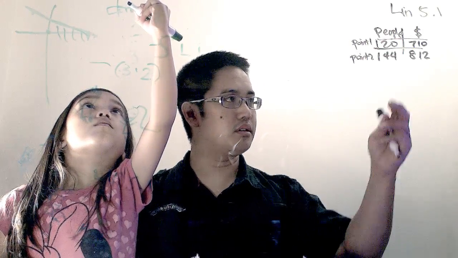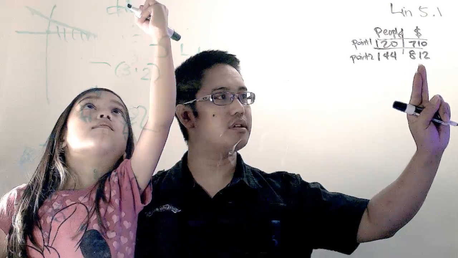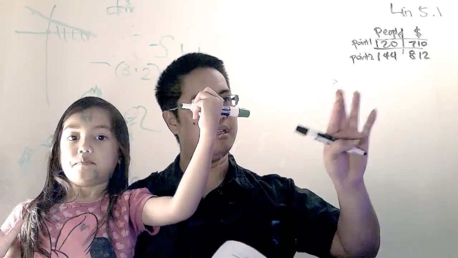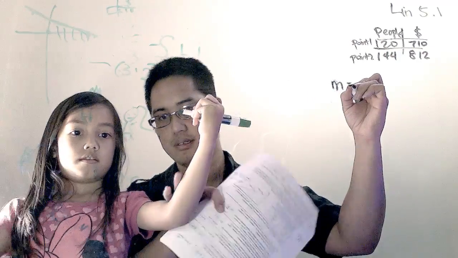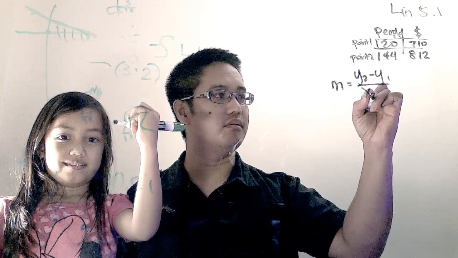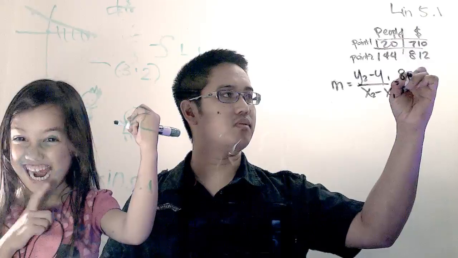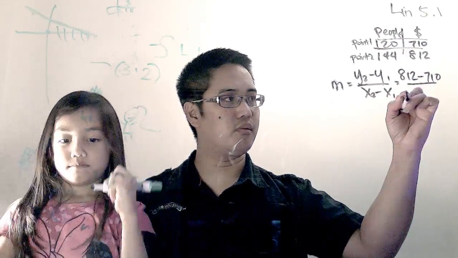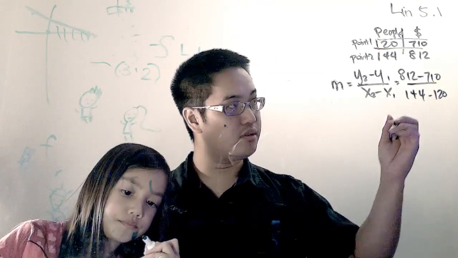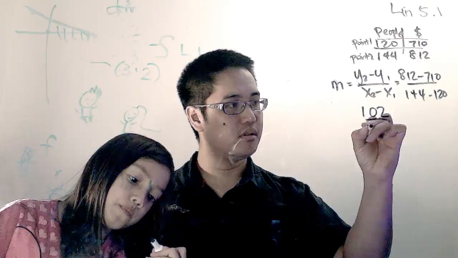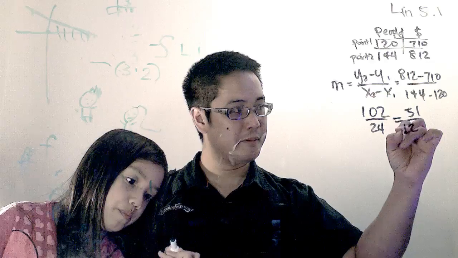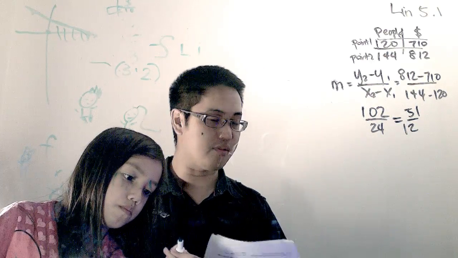I don't like dealing with negative numbers, so I'm going to call this point 2, and I'm going to put into the equation m equals y2 minus y1 over x2 minus x1. That's 812 minus 710 over 144 minus 120. I'm going to get 102 over 24, and that's equal to 51 over 12. So that's my slope. It's 51 over 12.